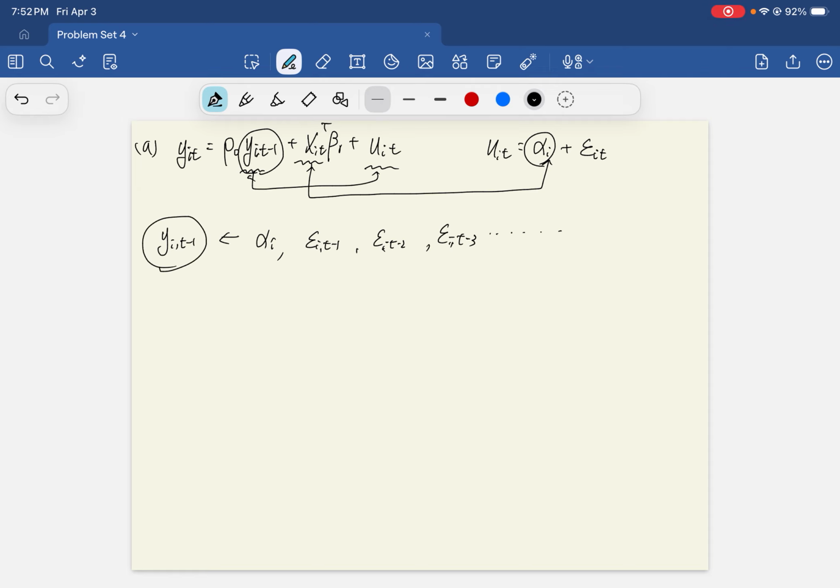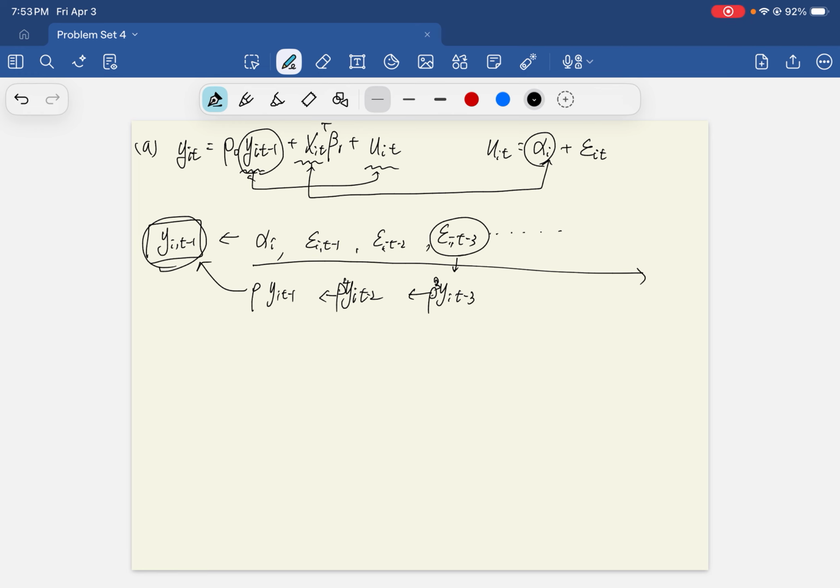Think about this: epsilon_t minus 3 will determine y_it minus 3, and this will affect y_it minus 2 multiplied by rho, and this will affect y_it minus 1 through the autoregressive structure. So all the past history of epsilon is accumulated inside y_it minus 1, as well as alpha itself.